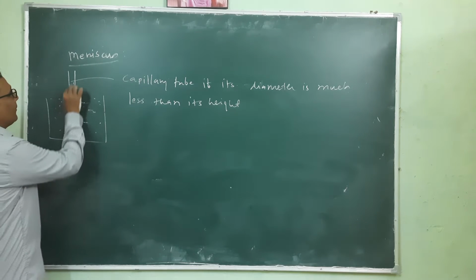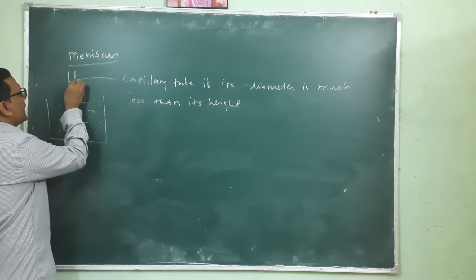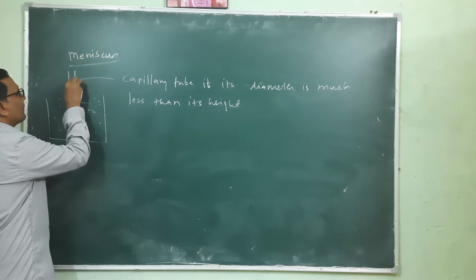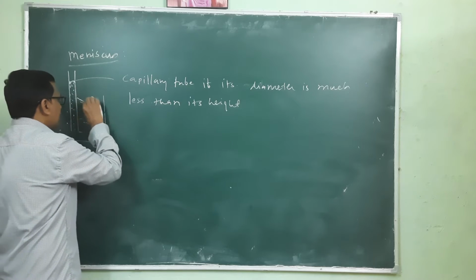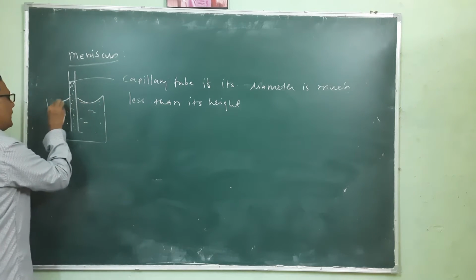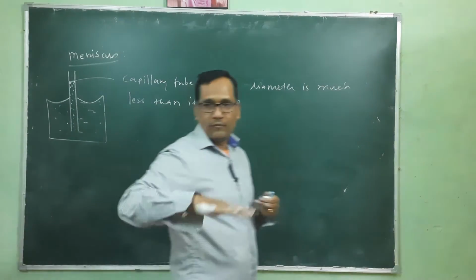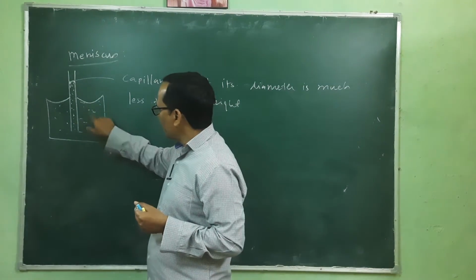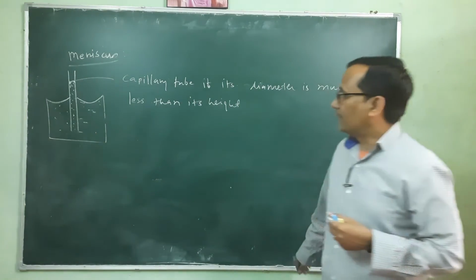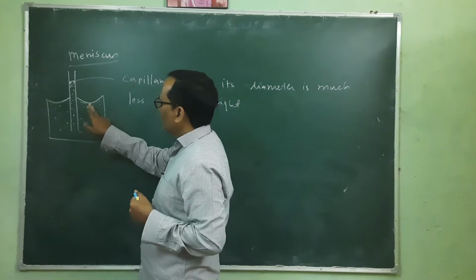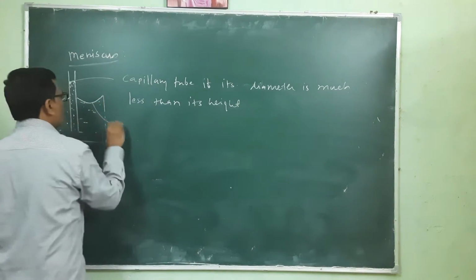So this liquid will rise up to here, and the shape of the upper part is not completely planar. Why? Because that force is working inwards, towards the bottom of the container. So the shape is like this, and this shape is known as meniscus.